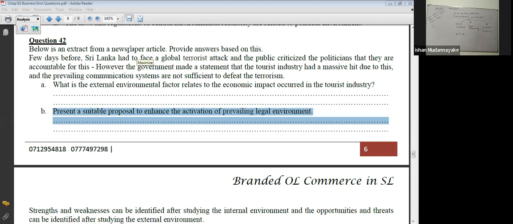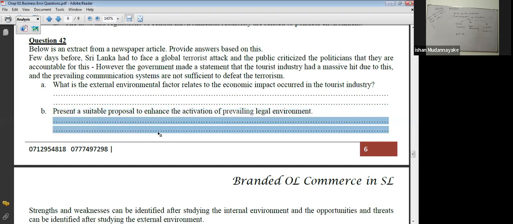Yes, providing the communication technology. Right here we'll write it down as improving communication technology to identify terrorist attack.